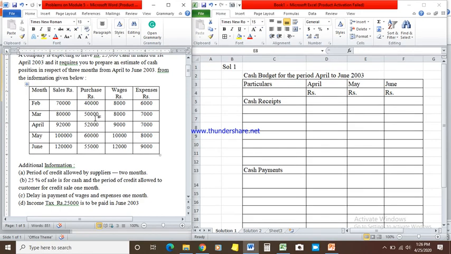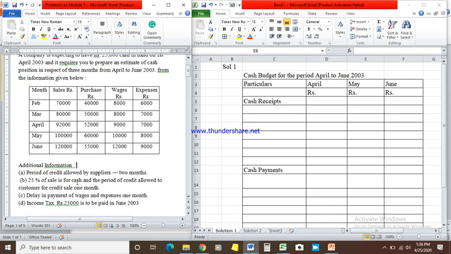March purchase payment will be made in May, and April purchase payment will be made in June. This is the reason why the earlier period information is given, and accordingly we need to look into those.